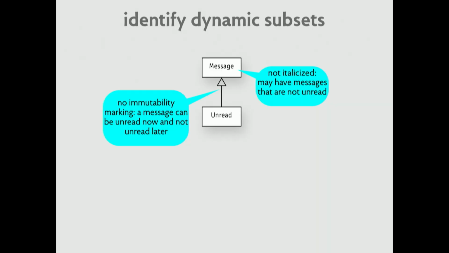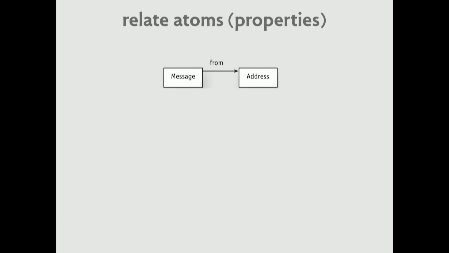There's one other thing you need to know about this notation, and that's the relationships between them. So now I start looking at these sets, and I start asking, how are they connected to each other? So if I pick, for example, messages and addresses, well, obviously a message can be from an address. What other relationship might I have? To, exactly. So I can add that as well.